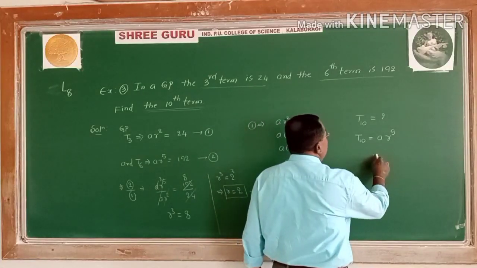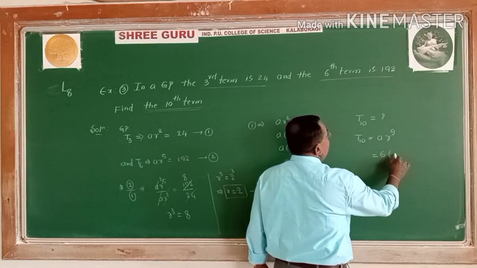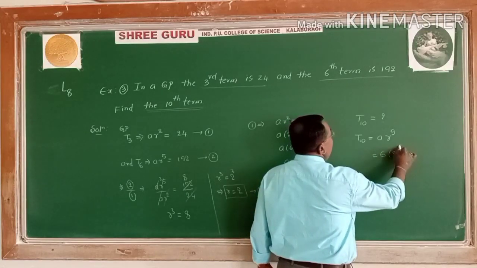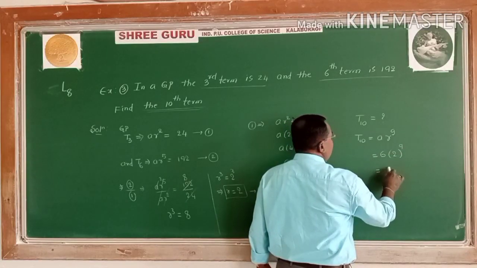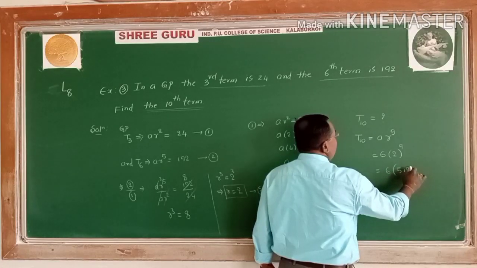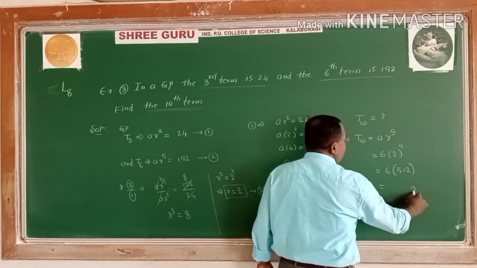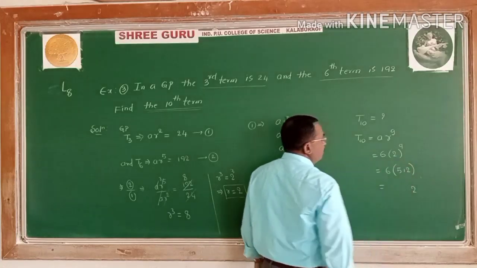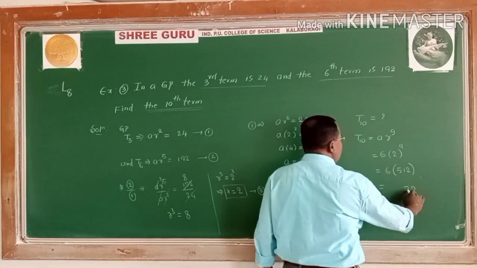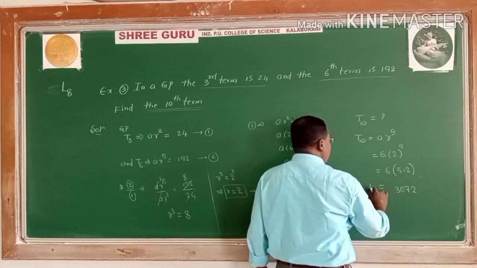A is 6, R is 2. 6 into 2 to the power 9. 2 to the power 9 is 512. Then this value is: 6 2s are 12, remaining 1, 6 1s are 6, plus 1 is 7, 6 5s are 30. That is the T10 value.